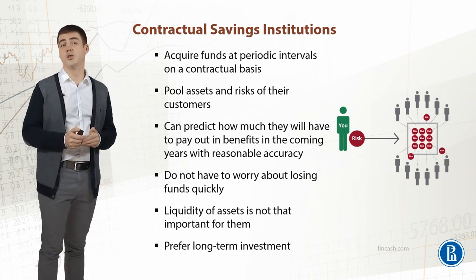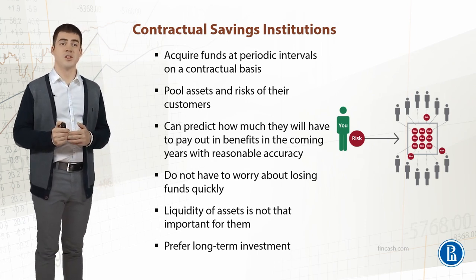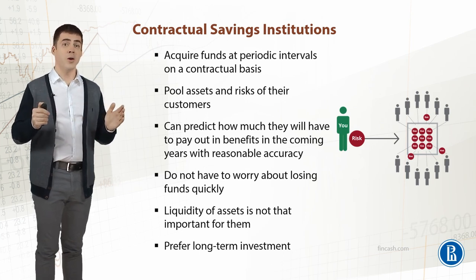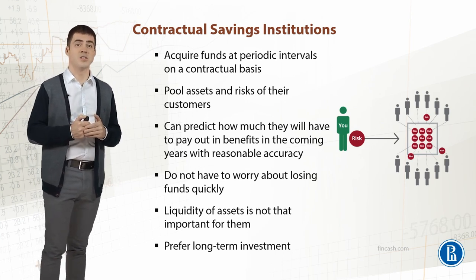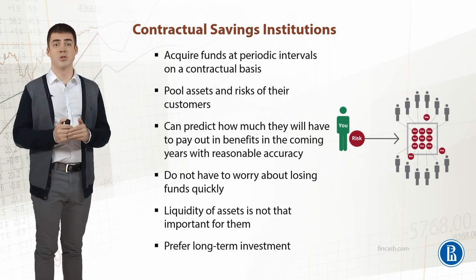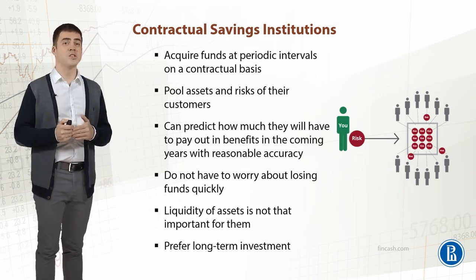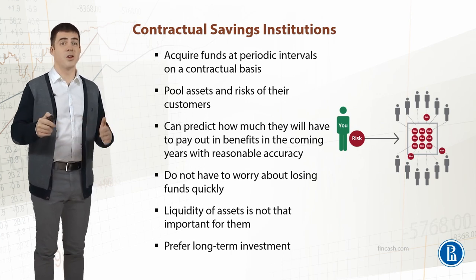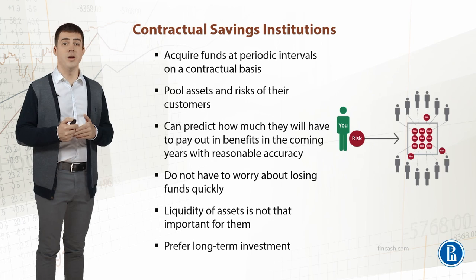For example, an insurance company knows the average probability of a fire or some other disaster which may affect its customers' property. In the same way, pension funds know how many customers are about to retire and start getting paid in the coming year.